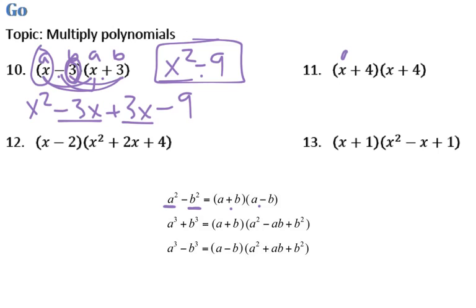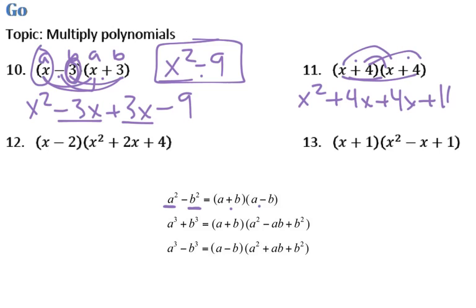So 11, a and b, so I go x squared minus, oh, this one won't work, will it? Because it's got a double plus there. There is another one for this, but this is just a perfect square trinomial. So it'd be x squared, then x times 4, so 4x, x times 4, so 4x, 4 times 4 is 16.